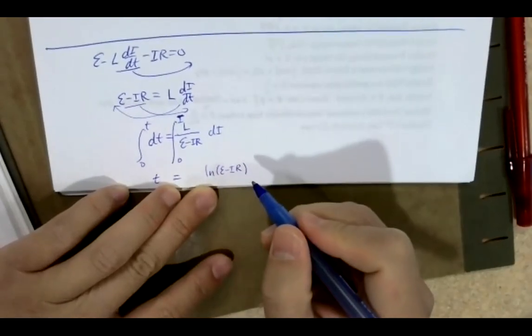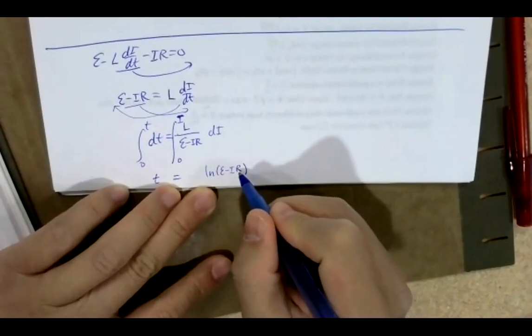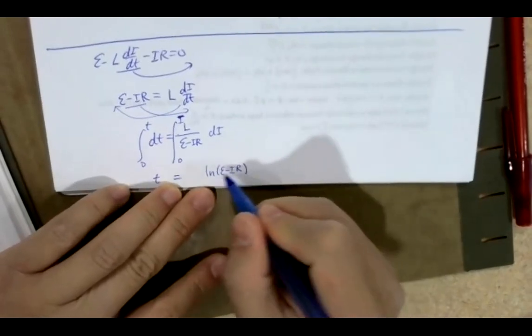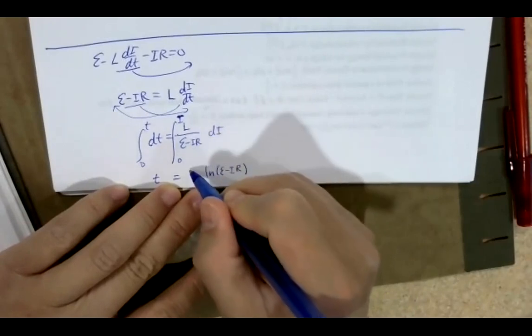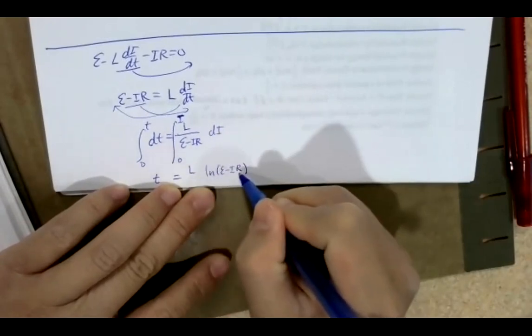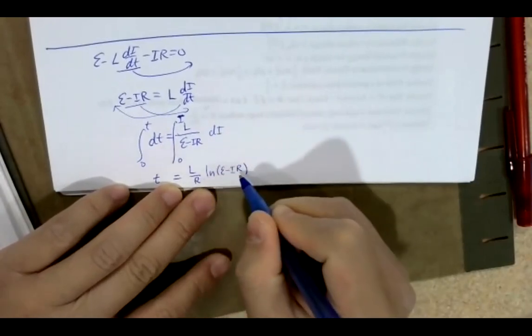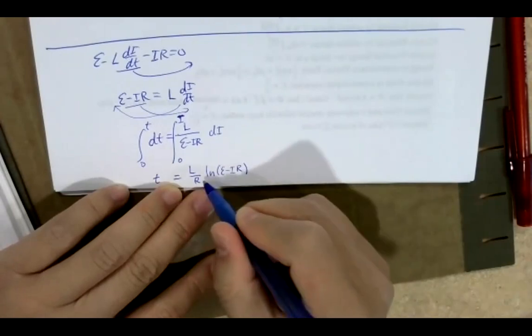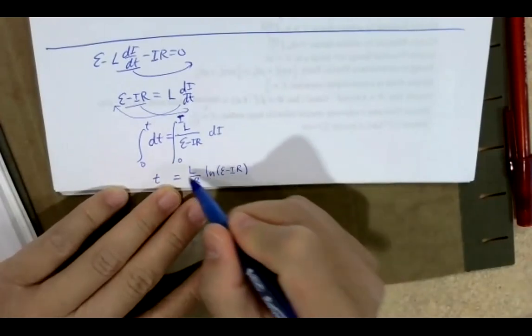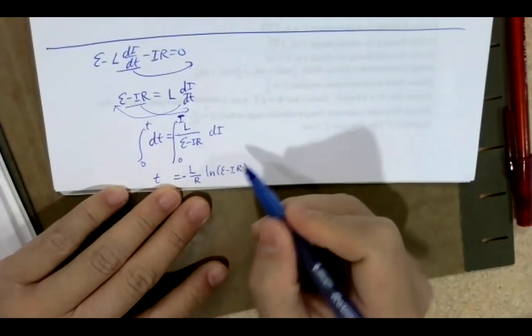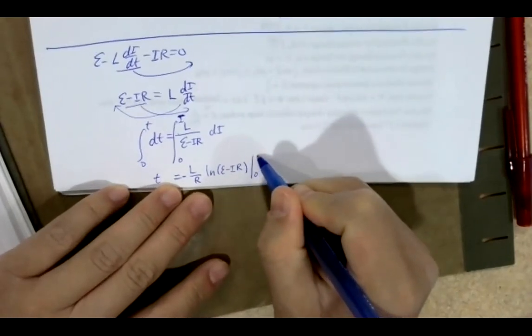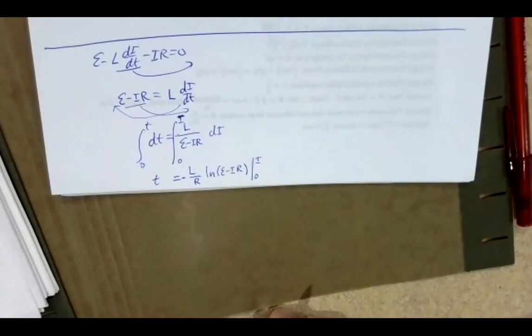There's an R here, so when you do the integration it becomes 1 over R, with L put down there, and there's a negative sign because of the negative in the denominator, integrated from 0 to I.